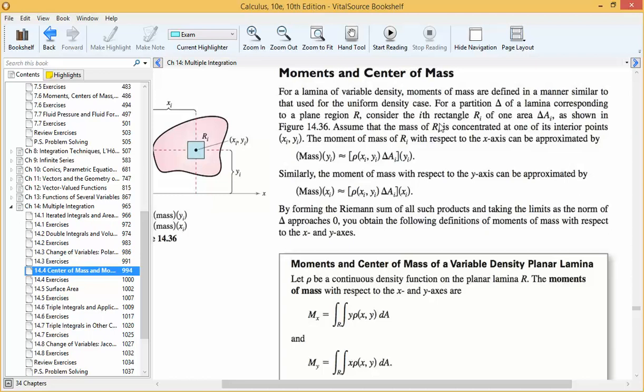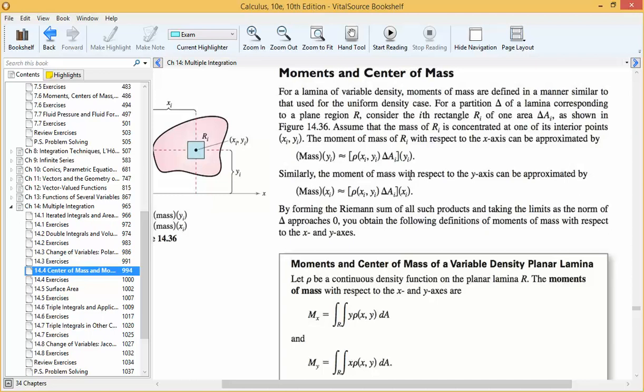Assume that the mass of R sub i is concentrated at one point of its interior points, x sub i, y sub i. The moments of mass of R sub i with respect to the x-axis can be approximated by saying the mass times y sub i.